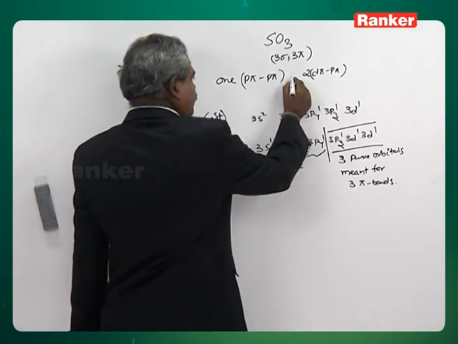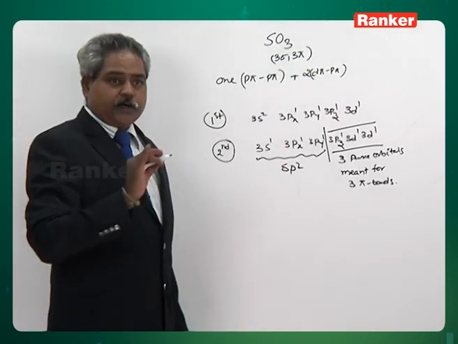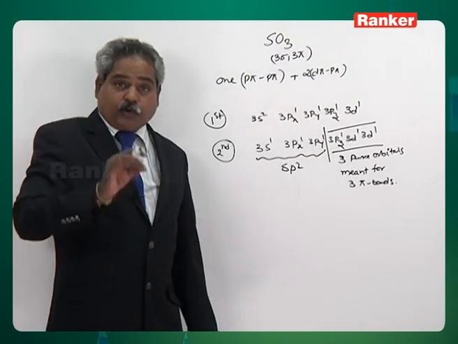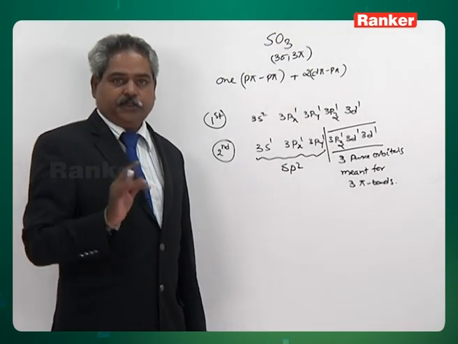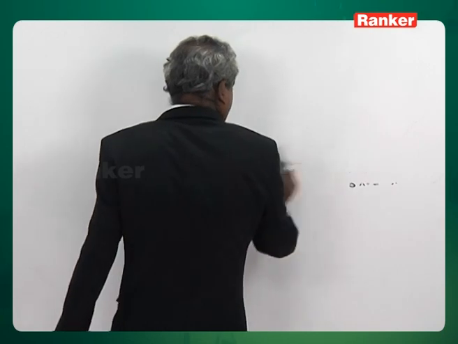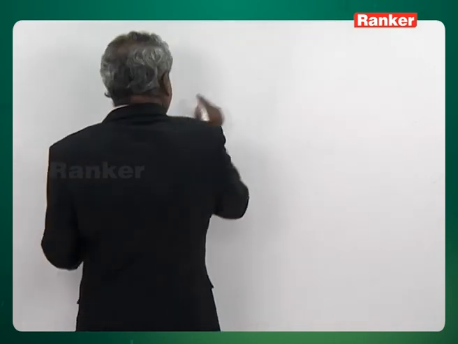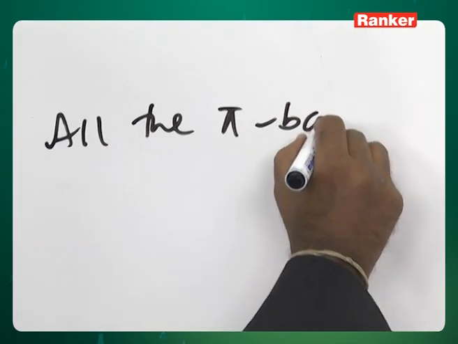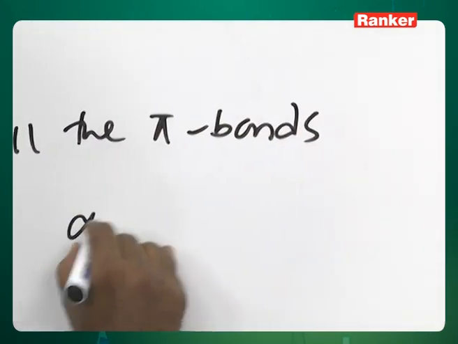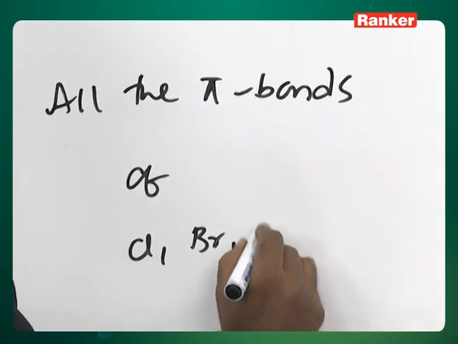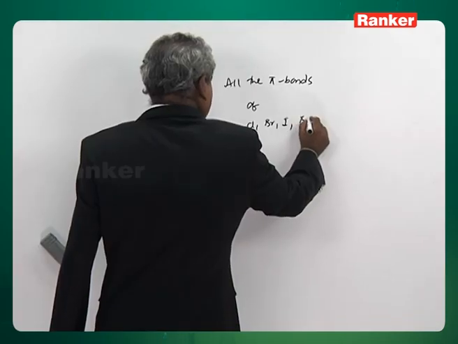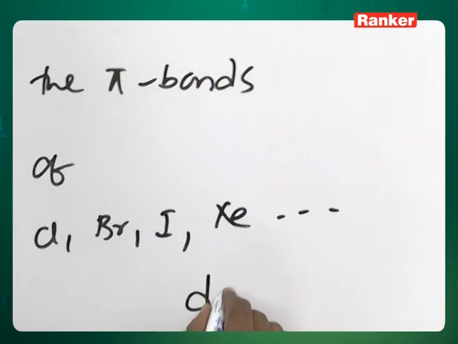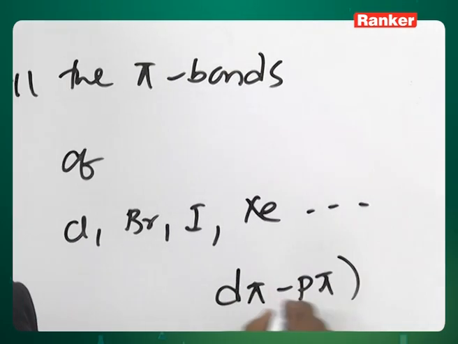So, if you just write down the electronic configuration in the required excited state, if you want 6 unpaired electrons, I will give you a hint here. Don't forget, all the pi bonds of chlorine, bromine, iodine and xenon are D pi P pi bonds only.